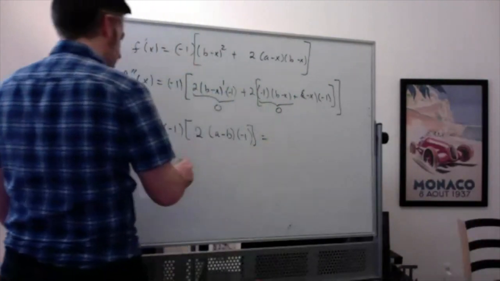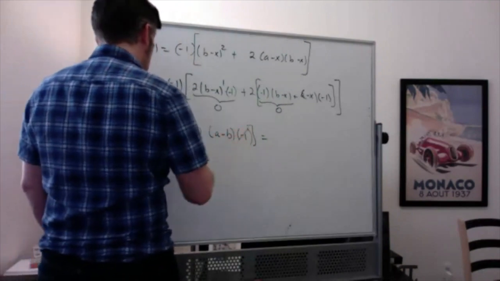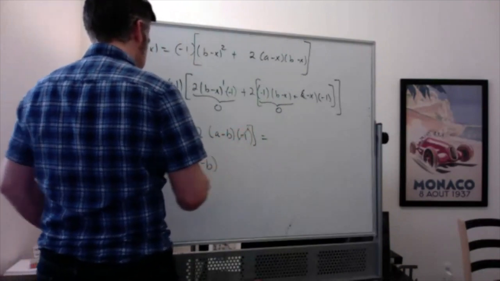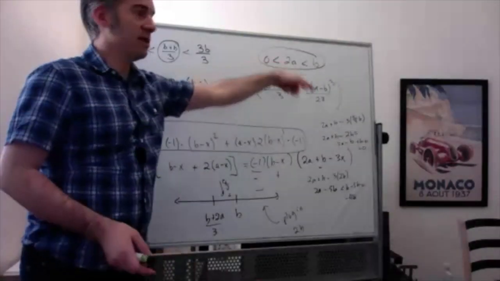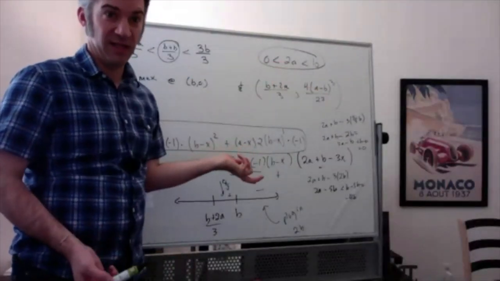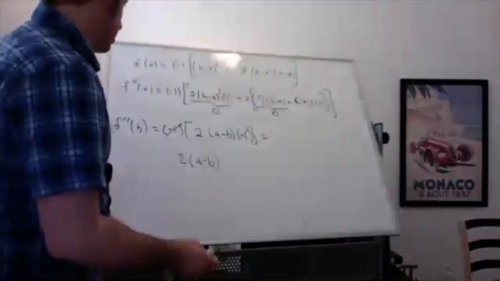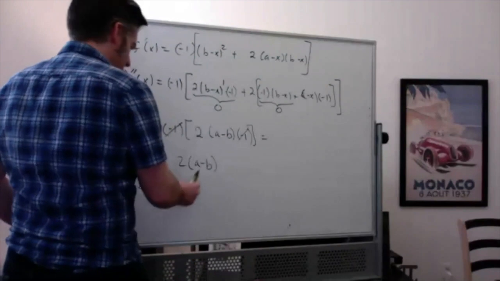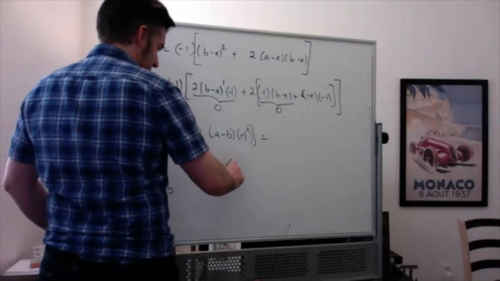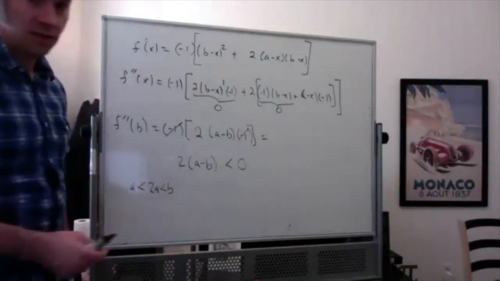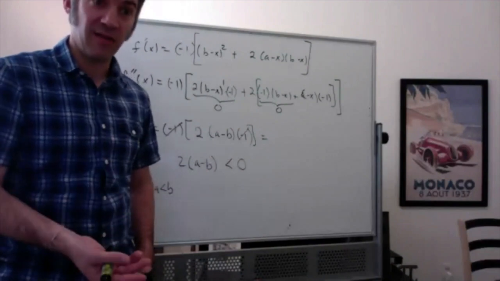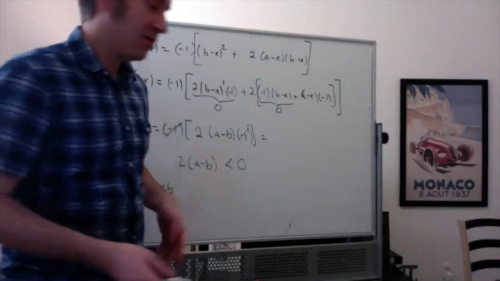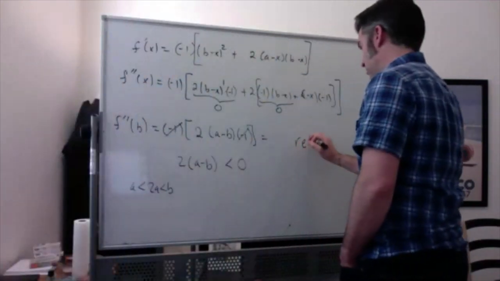So this is equal to 2 times (a minus b), but since 2a is less than b, a is definitely less than b. So since a is less than 2a is less than b, a minus b has to be negative. So since the second derivative is negative, it's concave down, which means we have a relative maximum.